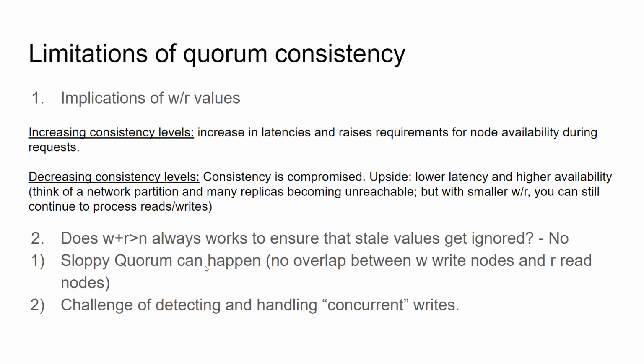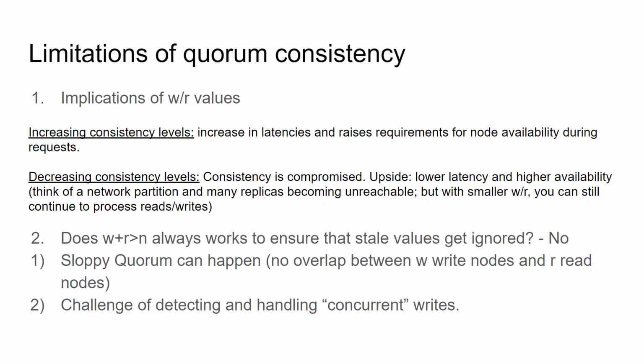Just a second, I have a question on the first part. Why would the latencies increase if we have more nodes to confirm a read or write? Because we would be sending requests to all of them in parallel, right? Correct. But even if you're sending requests to all of them in parallel, let's say some node has a network issue or is slow.